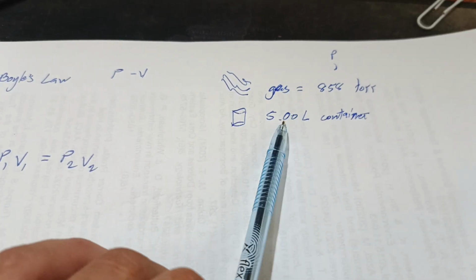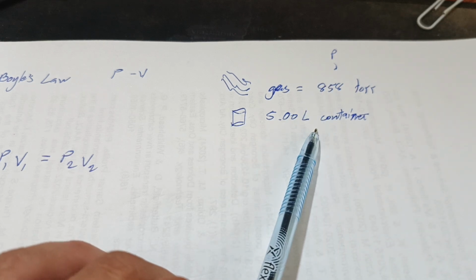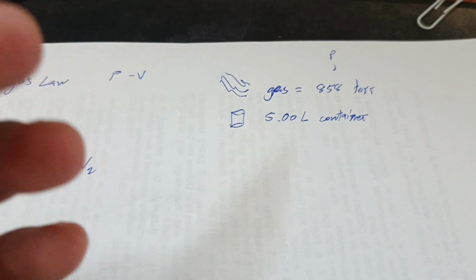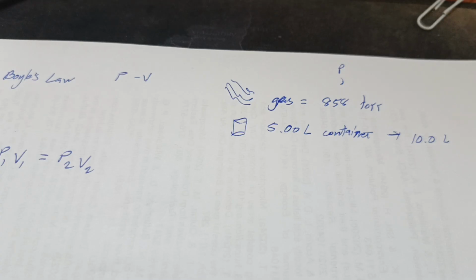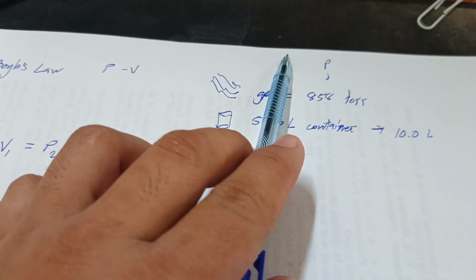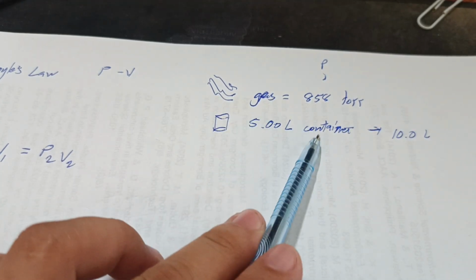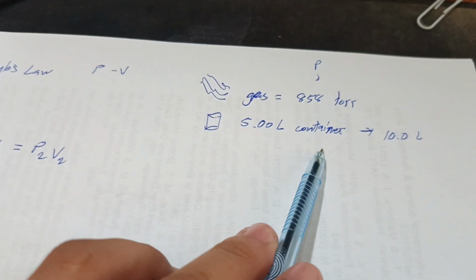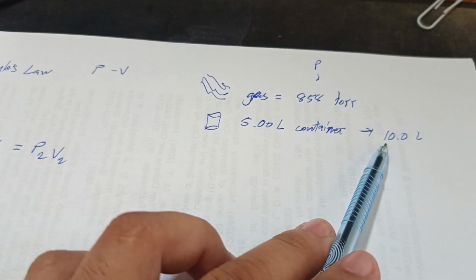Now, the question is, what will be the pressure of the gas if it is confined into a 10.0 liter container? Here, what would happen to the pressure if your gas that is contained in a 5-liter container is transferred into a 10-liter container.